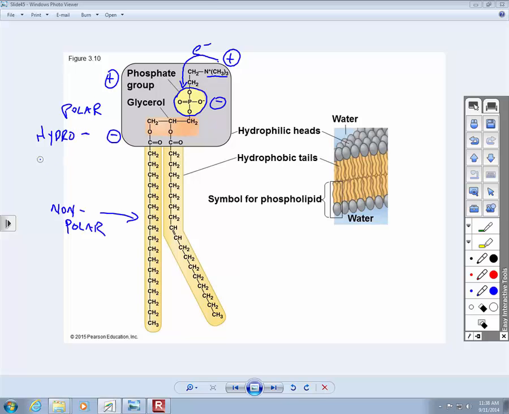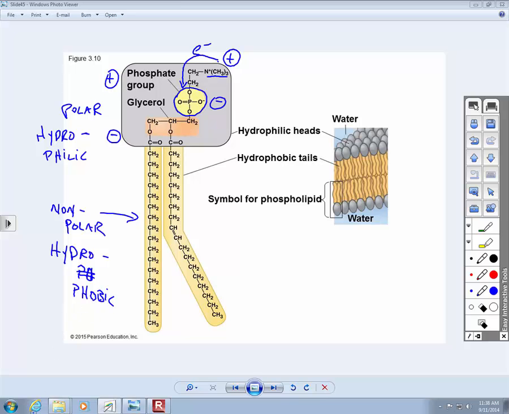Philic means loving. And then the nonpolars, of course, are hydrophobic. Will not dissolve.